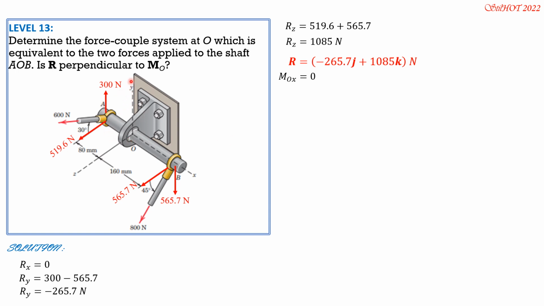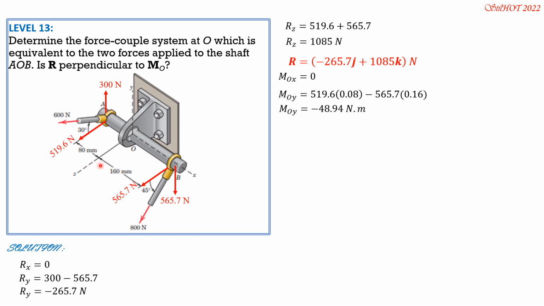So positive sense of moment, if this is your right thumb towards the positive y-axis, would be in that sense. So MOY is 519.6 times 0.08, then minus 565.7 times 0.16. MOY therefore is negative 48.94 newton meter.